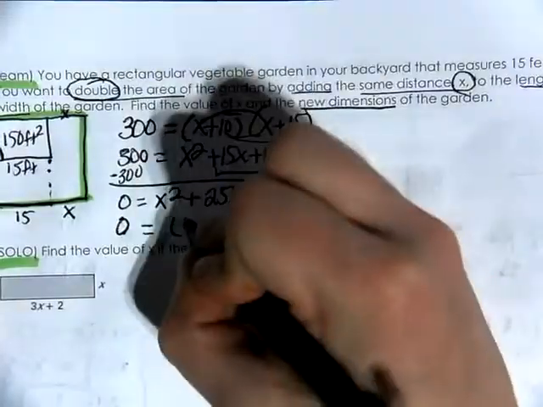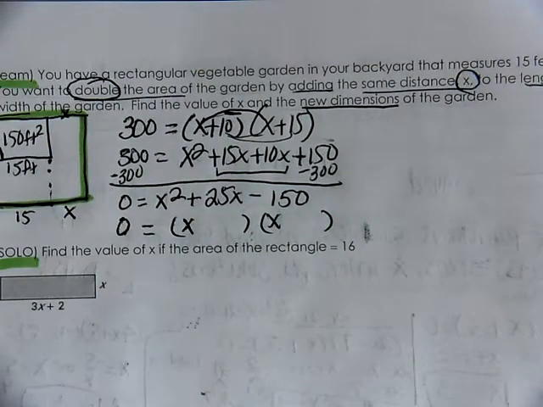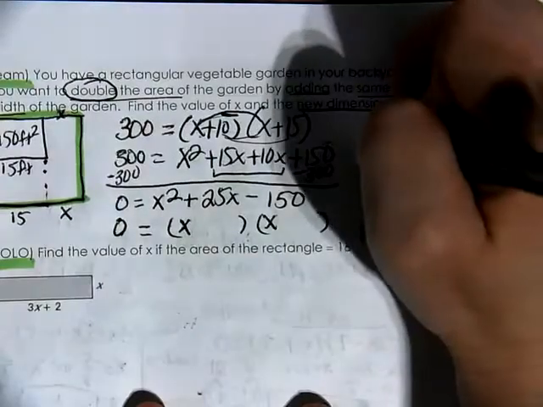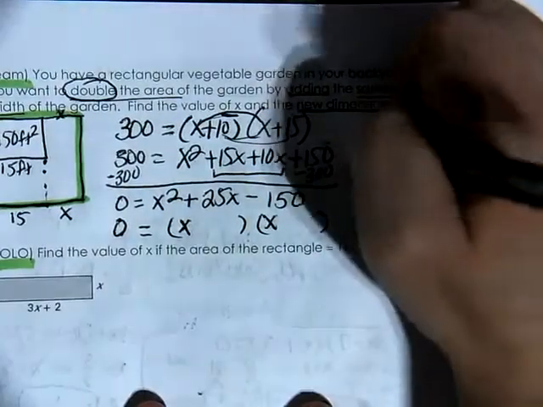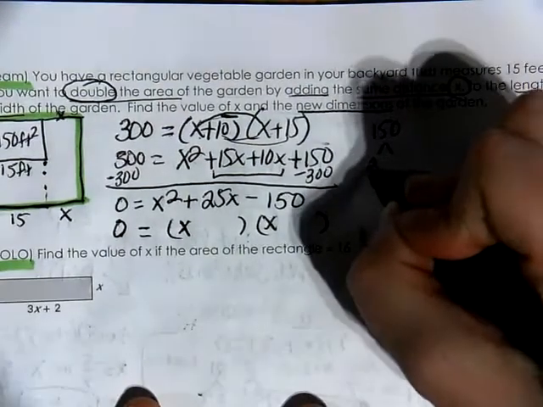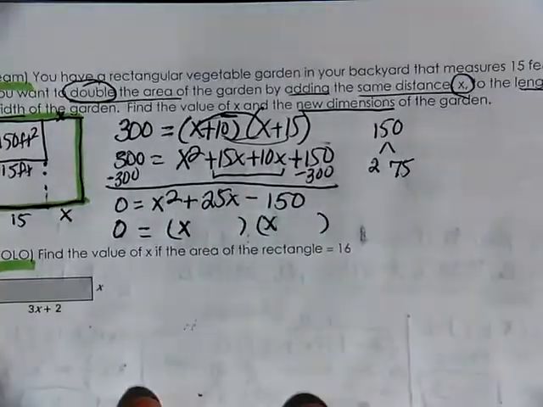And now what I need to do is factor this into two parentheses. I'm going to split apart the x squared into an x, and I have to think about the factors of 150 and see if any of those will get me 25. So what might be helpful is to write down those factors of 150. If 150 divided by 2, that's 75, and that's not going to get me 25.